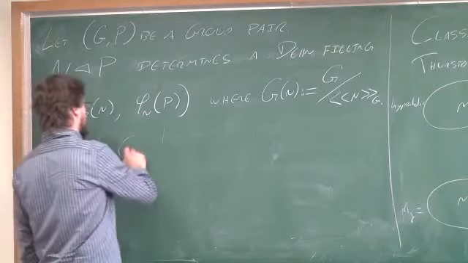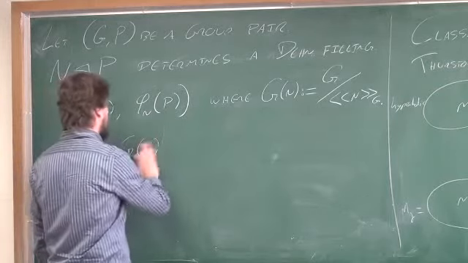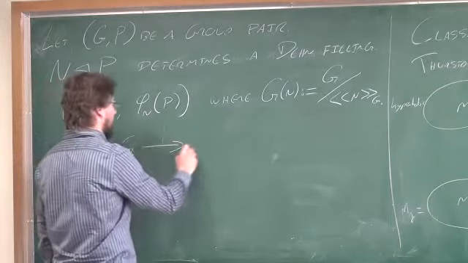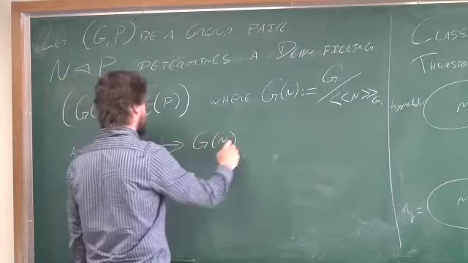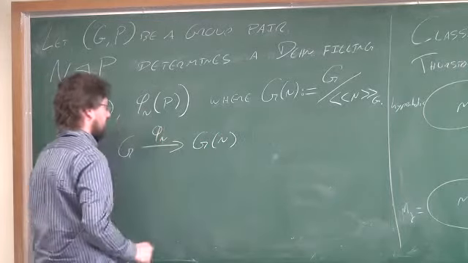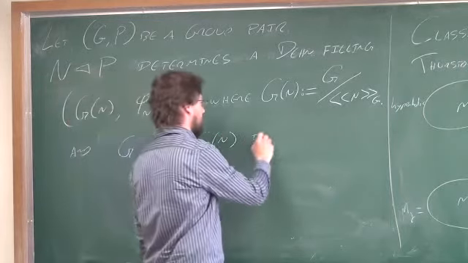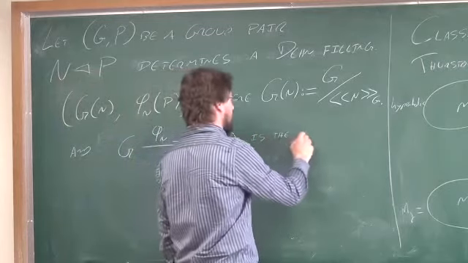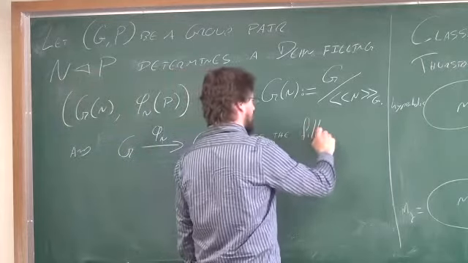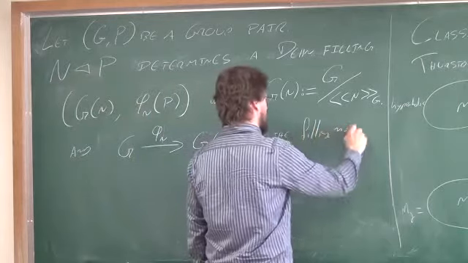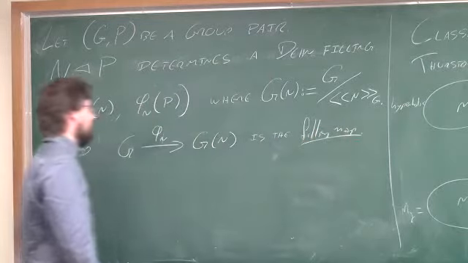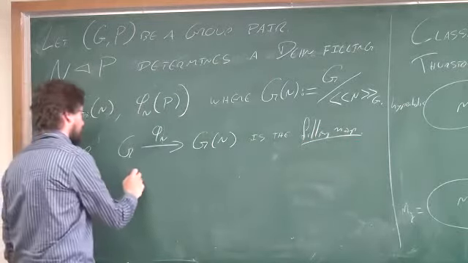And if I look at G to G of N, this is just the filling map, which does the obvious thing.